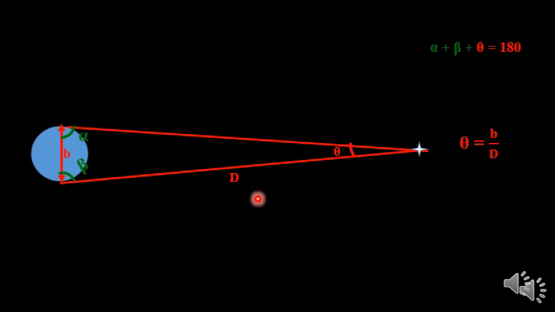Instead of radius, here it is the distance between the planet and the star. So theta equals B divided by D, or D equals B divided by theta. By substituting the values of B and theta, we can calculate the distance of the star.